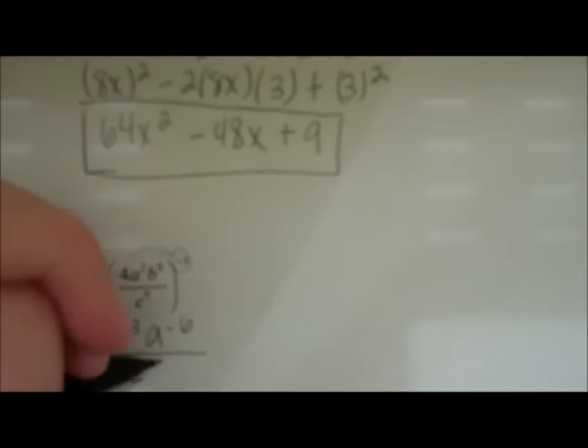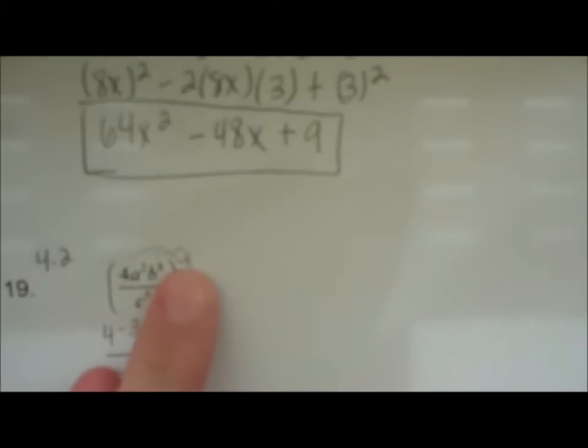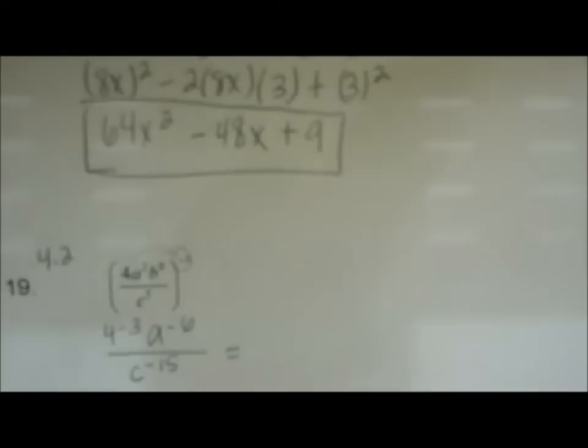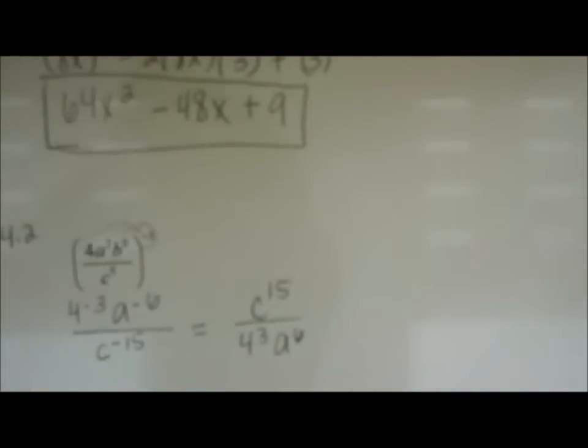C to the negative 15. Don't forget to distribute this negative 3 to the bottom also. Alright, so now from there, this 4 to the negative 3 is going to the bottom and become 4 cubed. This a to the negative 6 is going to go to the bottom and become a to the 6. And c to the negative 15 is going to go to the top and become c to the 15.